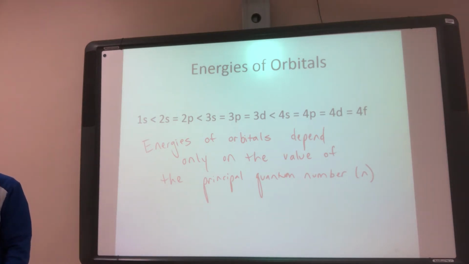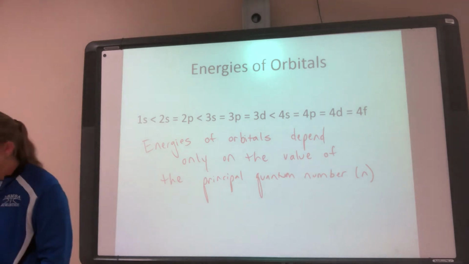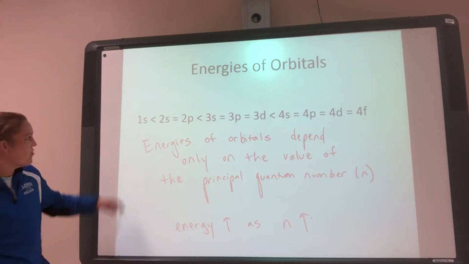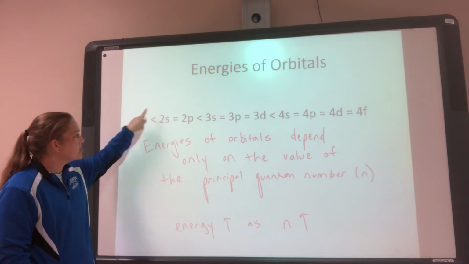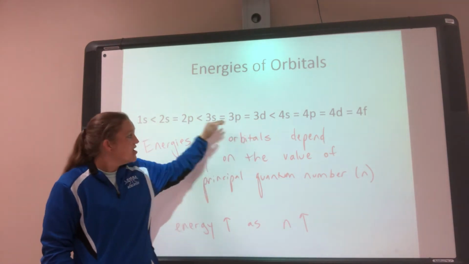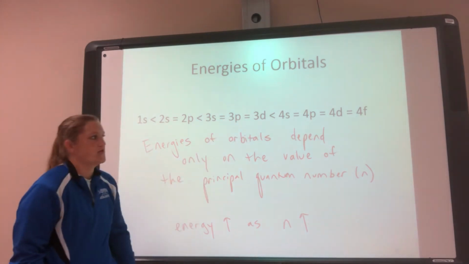So energies of the orbitals depend only on the value of the principal quantum number. So my energy increases as my n increases. So n equals 1 is lower energy than n equals 2, which is lower than 3, which is lower than 4. The L doesn't make a difference.